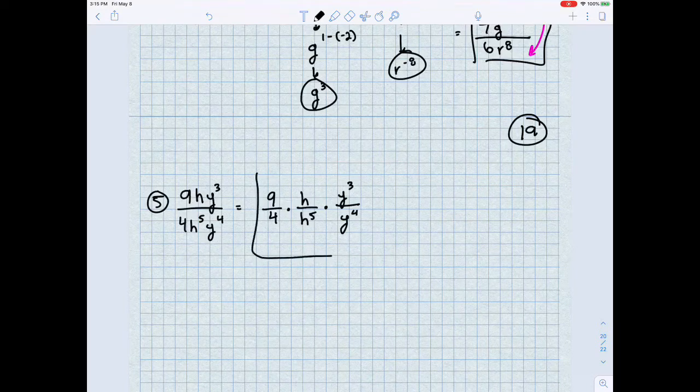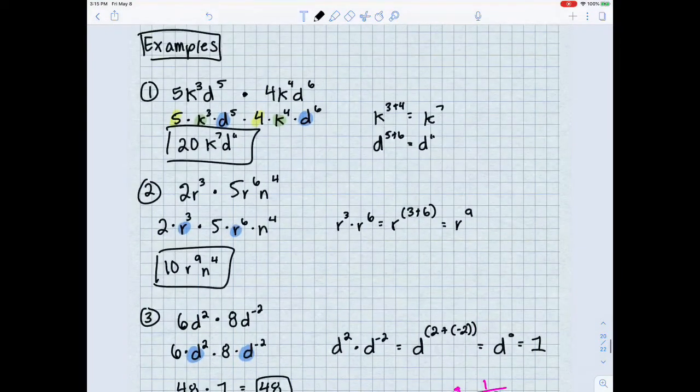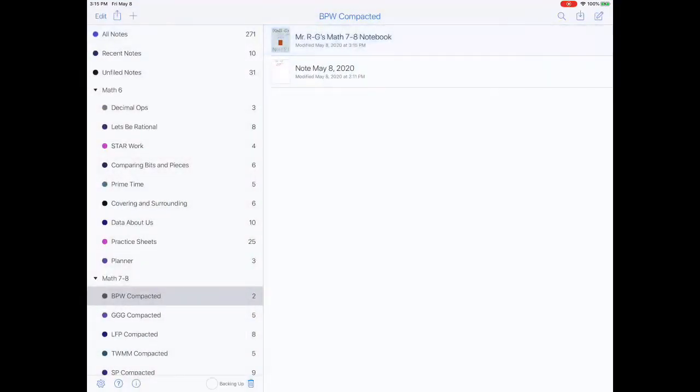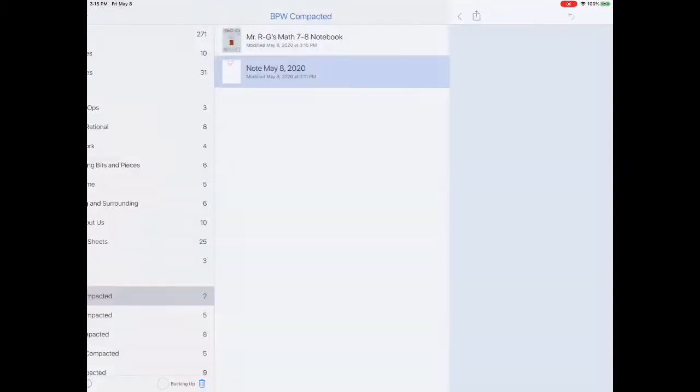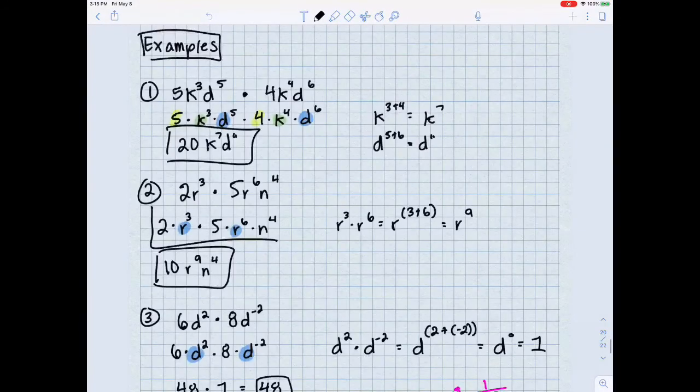I always include this step because this right here that I'm putting a box around helps you visualize all the different things you need to do, right? I did it with the multiplication too. I rewrote the original problem so that way I could see all the individual parts, right?